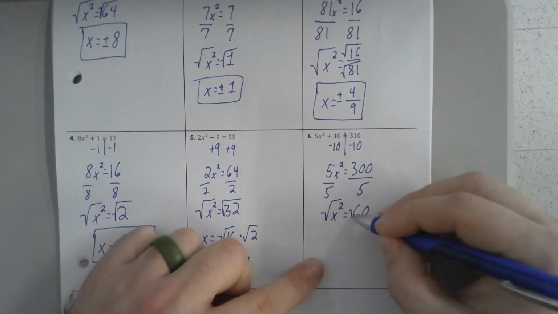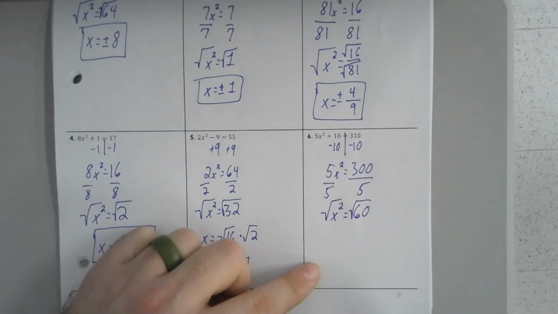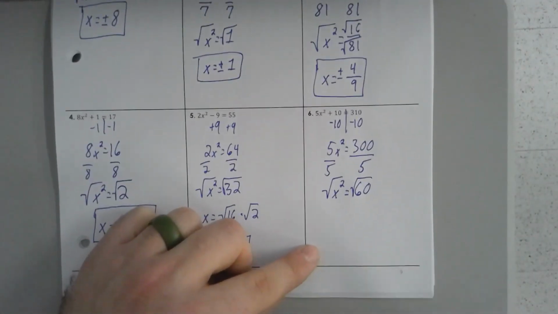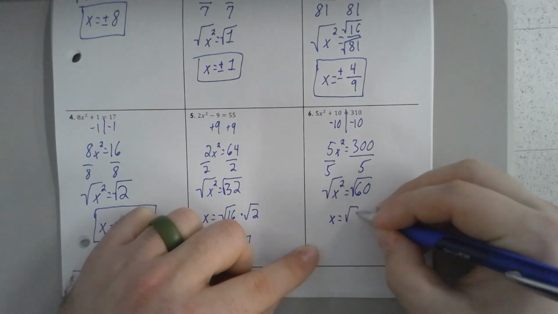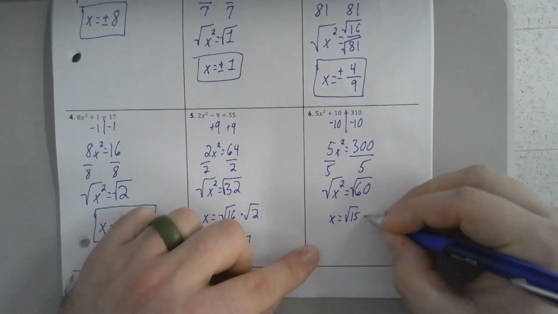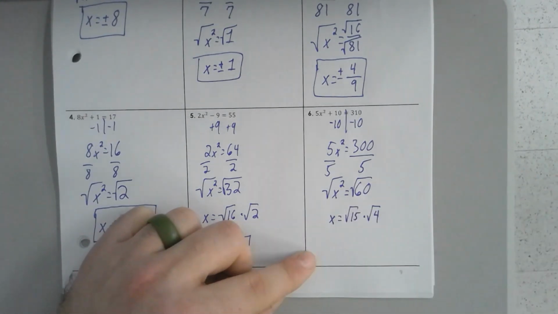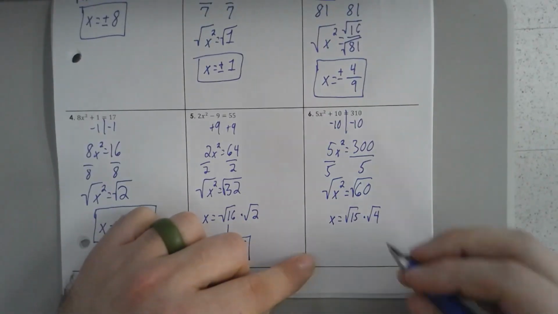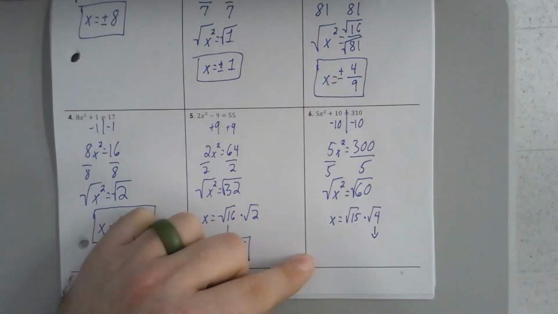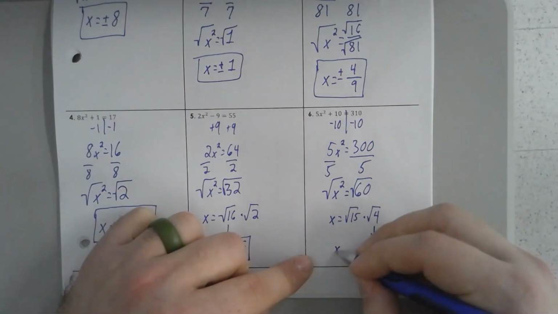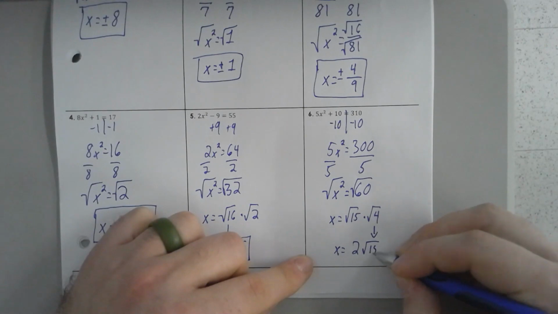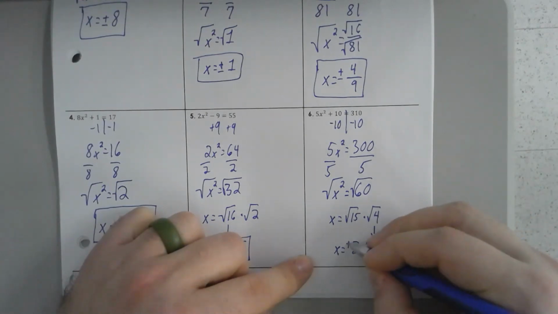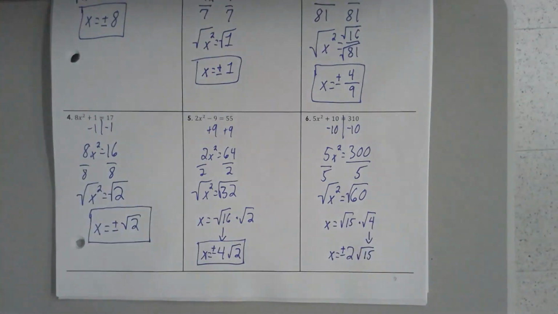And then I did the square root of 15 times 4. x squared equals 15 times 4. And then I got x equals 2 square root 15. All right, so you simplify your 4. Yeah. And then don't forget your plus or minus in front.